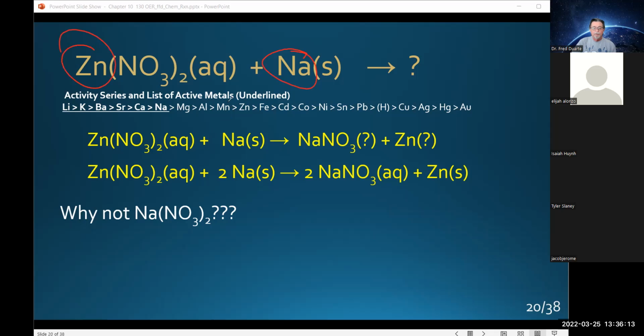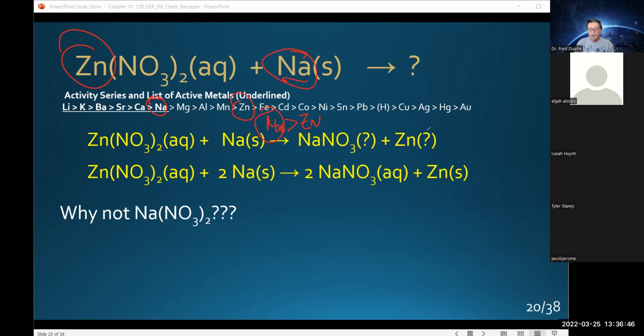We find them on the activity series. Here's sodium, and here's zinc. This tells us that sodium is a lot more reactive. Sodium is more reactive than zinc. Then we ask, is the most reactive metal, in this case sodium, in compound form? In this case, it's not. It's in elemental form, so therefore the reaction proceeds. You simply exchange the partners, okay?